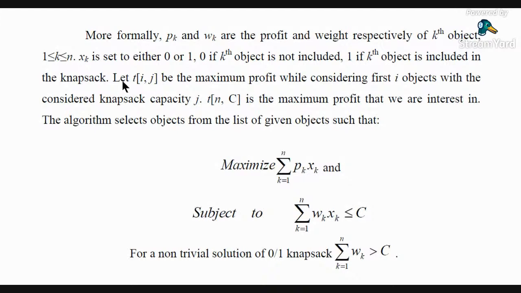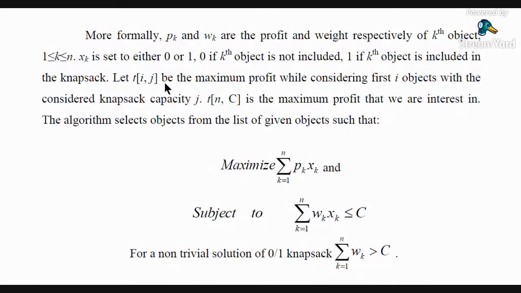Now this is the main formulation. Let Tij be the maximum profit by considering the first i objects, where the considered capacity is j. The maximum knapsack capacity of this problem is C. So here we are taking two parameters: i indicates the first i objects that are considered, and j indicates the considered knapsack capacity.